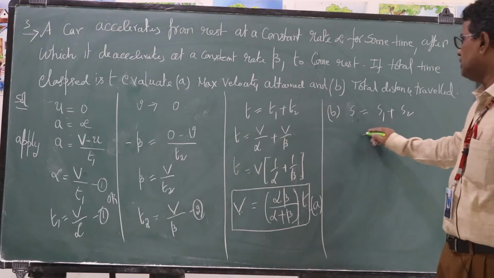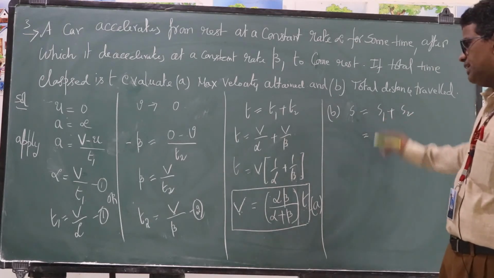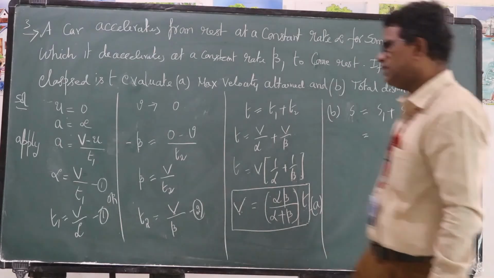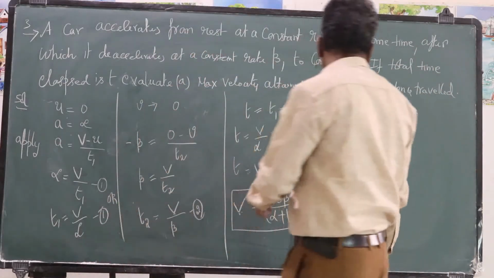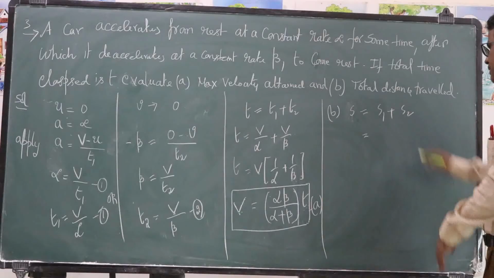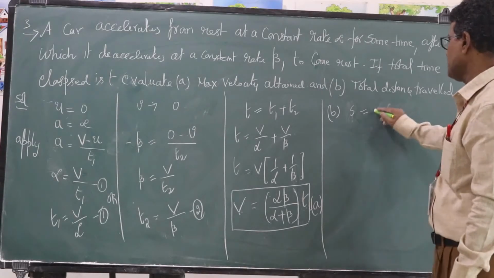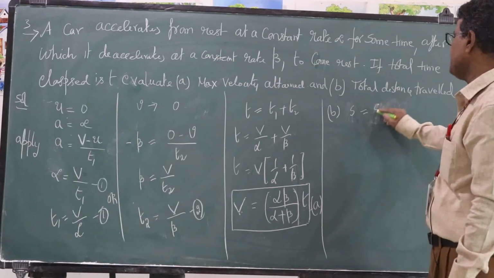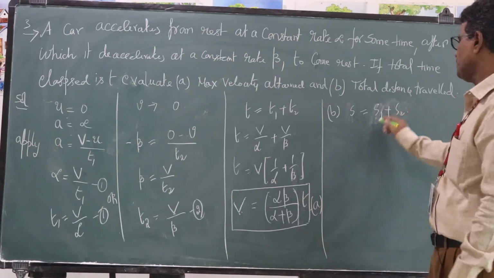So the total distance traveled. We can write it as average velocity into time, or otherwise write s1 plus s2. What is s1?